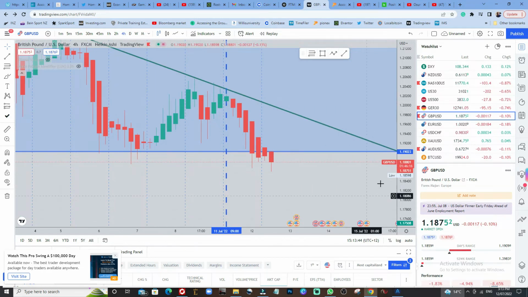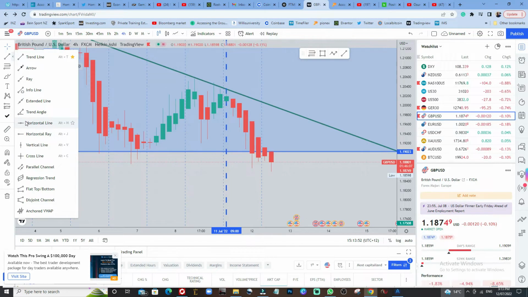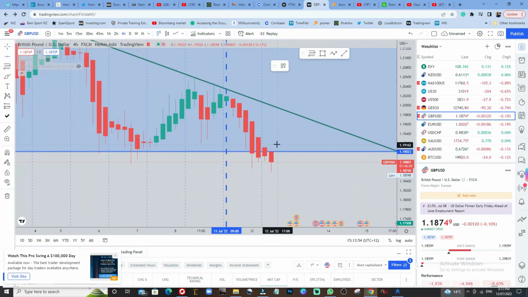Secondly, we now have to draw two horizontal lines to indicate the high and the low of the week. What do I mean?